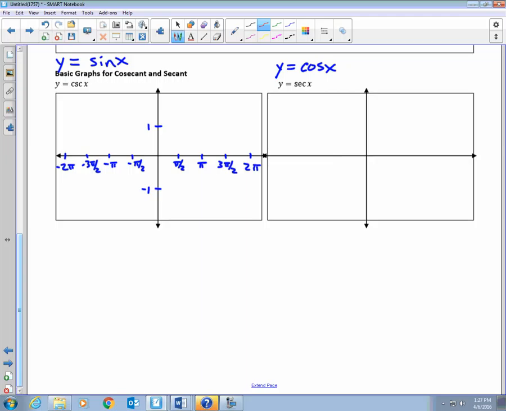Okay. Where does sine start? Max, the min, or the middle? Starts at the middle. So I'm going to draw a sine graph. I'm going to draw a dotted graph because we're not actually graphing sine, we're graphing cosecant. So this is not the graph, but I'm going to use it to generate the graph for cosecant.